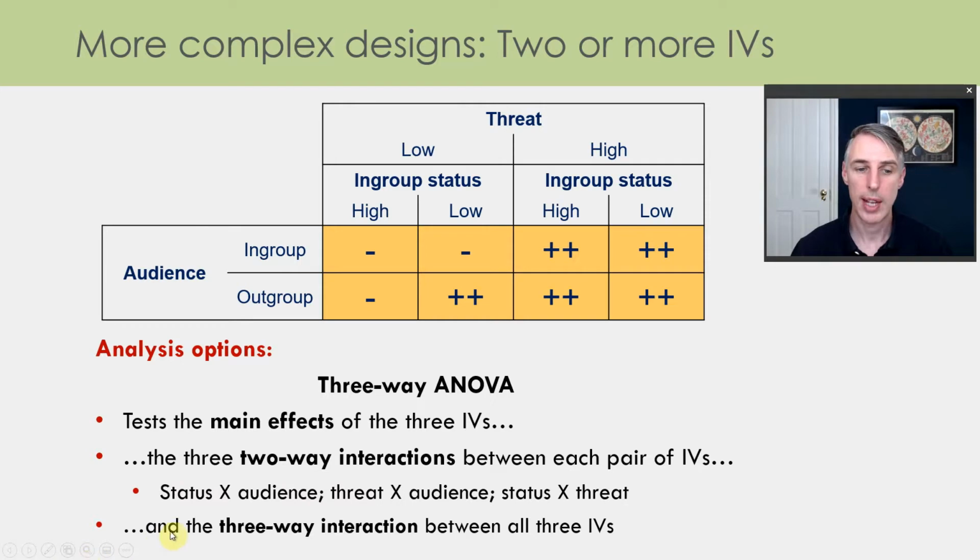Okay, and then finally it will give you the three-way interaction between all three independent variables, and that's the one that tests whether the effect of status is different at different levels of audience, and in turn only at specific levels of threat.